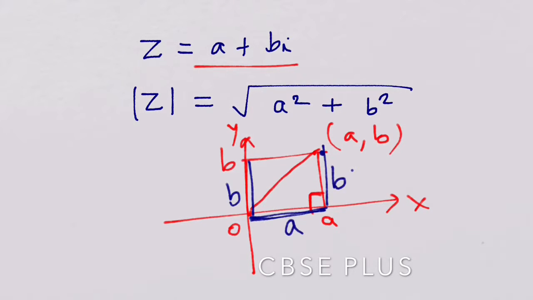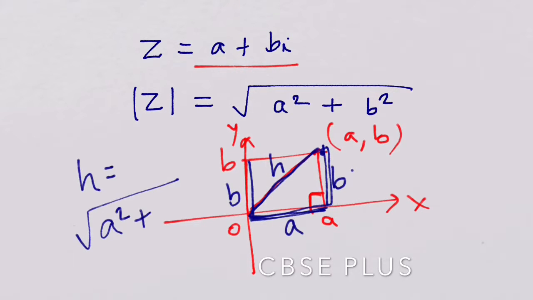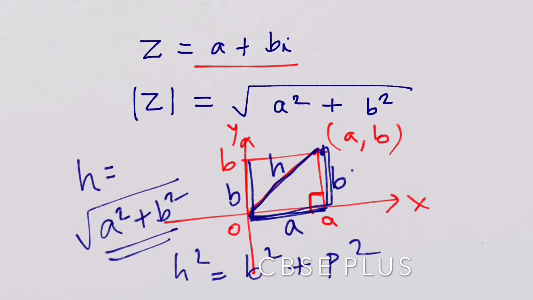That is actually the diagonal, or if we take a triangle, then here it is the hypotenuse. So we can use the Pythagoras theorem, and we can find the hypotenuse by taking the under root of the base square plus the perpendicular square, and in this way we get the hypotenuse, which is actually the modulus.